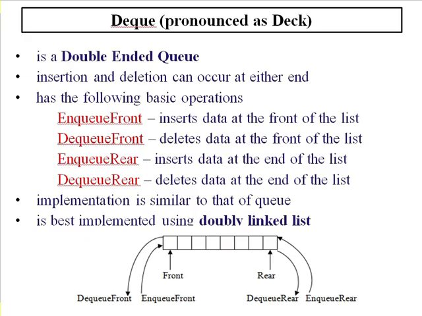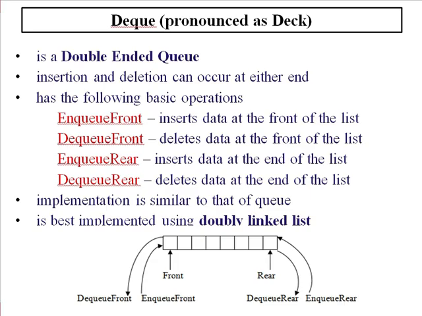The implementation of this queue data structure is similar to that of the regular queue data structure, and this is implemented using a doubly linked list.